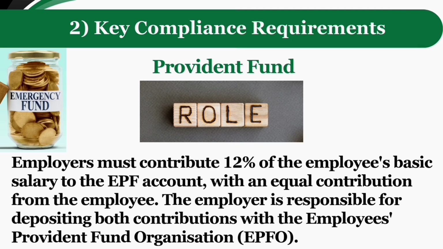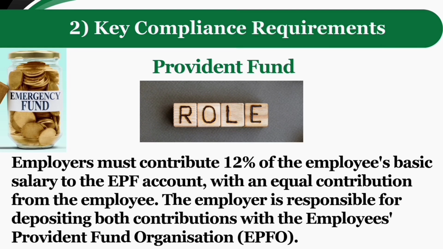You have to understand that if this amount is not from the employer's side, then it is non-compliance of the Provident Fund Act. So the employer is responsible for depositing both contributions with the Employees Provident Fund Organization.